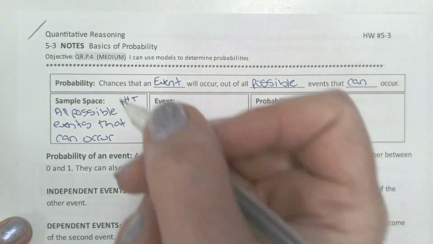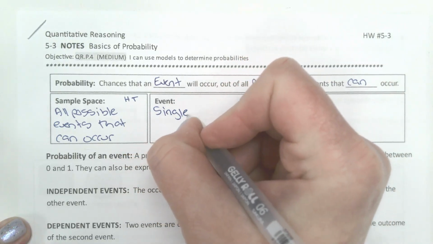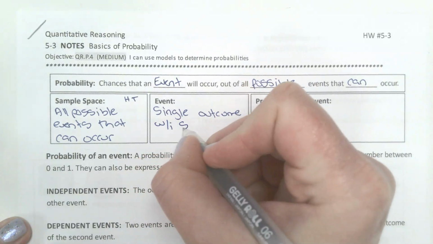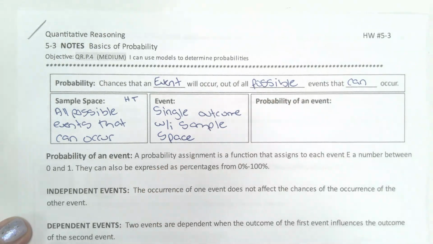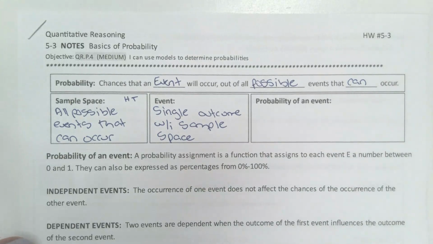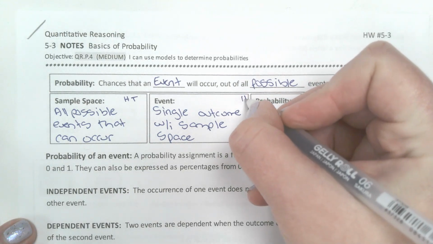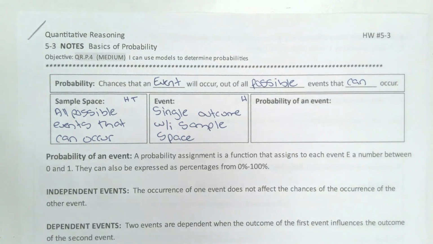An event is a single outcome within the sample space. That W/I stands for within. So maybe the event I'm talking about is a heads. What is the probability that a heads comes up?